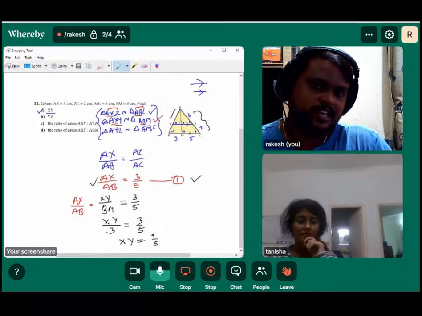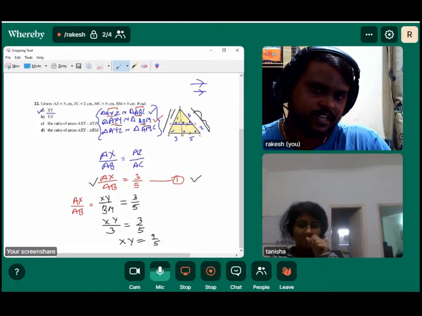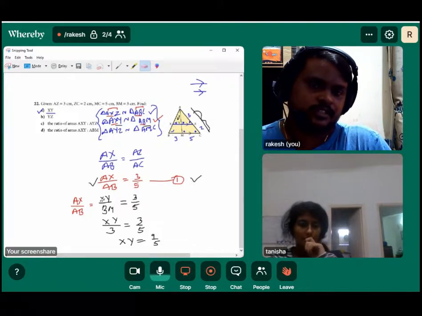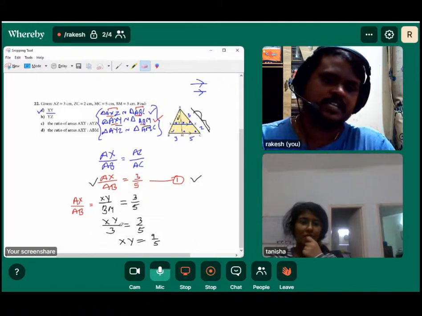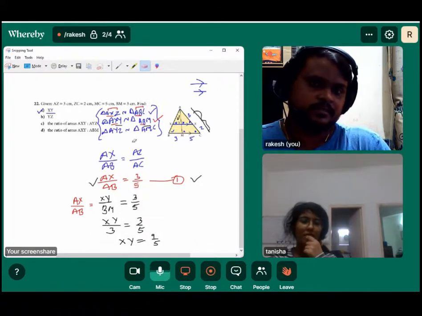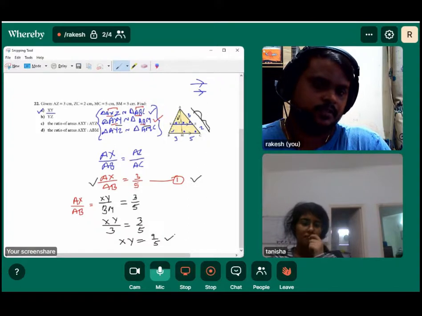AX and AB are parts of these two triangles. Then we took triangles AXY and ABM. Both are also similar, so the ratios of their sides are in the same proportion, and then we can find the value of XY.